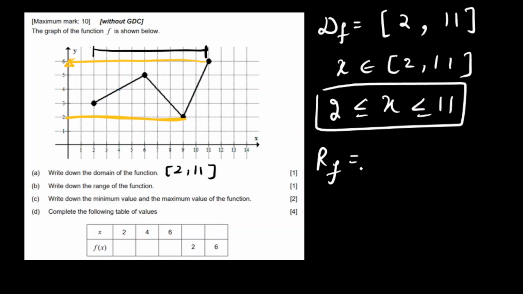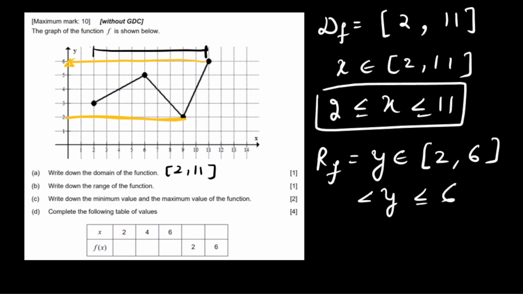Range of the function, we can write y belongs to, minimum value is 2, maximum value is 6. We can write in this form also, y is less than or equal to 6 and greater than or equal to 2. Because of dark dots, we are writing equality also. So the range is 2 to 6.